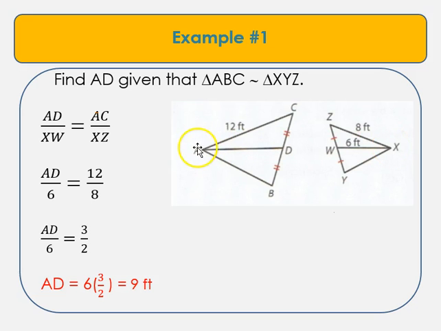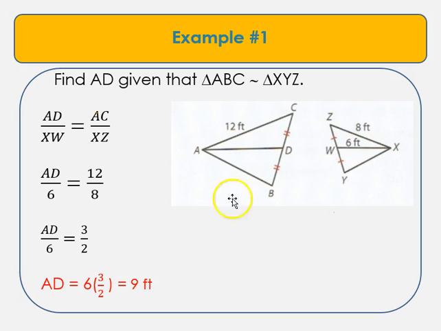And then I'll take the side AC that has a value. And if we were to flip this triangle, we'd see that AC is corresponding to XZ, and there we have our proportion set up. Now AD will be over 6, and 12 will be over 8.